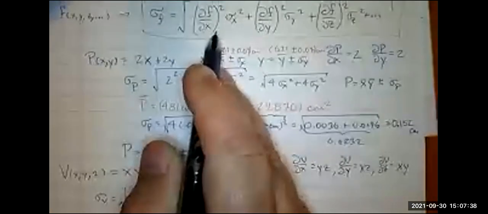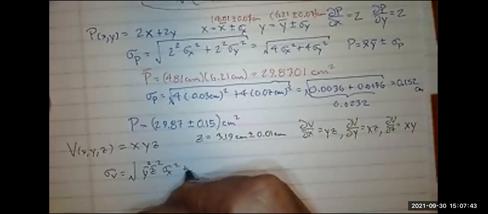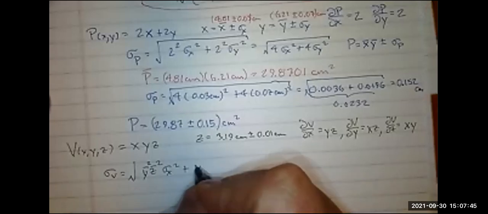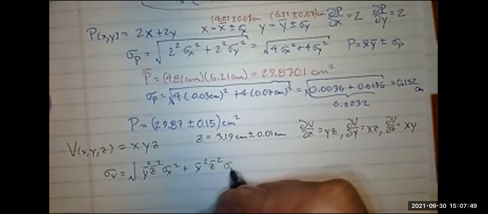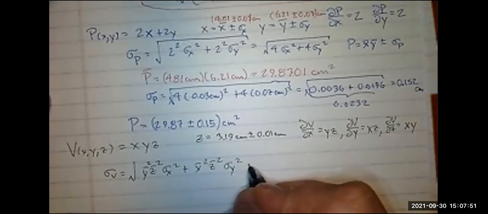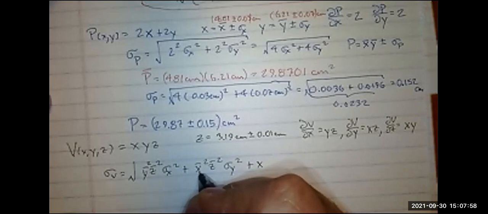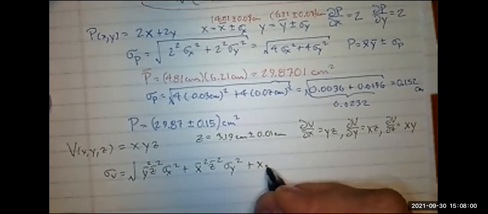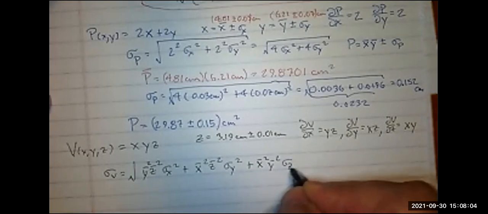Remember, the derivative is actually squared, times sigma X squared plus X bar squared Z bar squared times sigma Y squared plus X bar squared Y bar squared sigma Z squared.